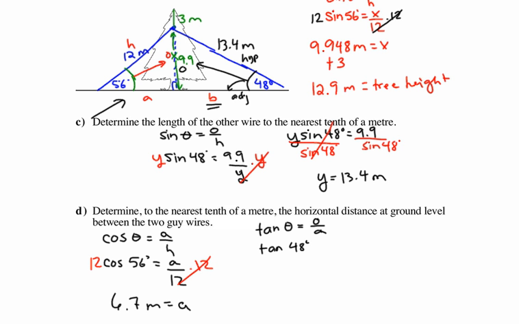Tan of 48, our opposite we calculated to be 9.9, over our adjacent, which is now the letter B. So multiply both sides by B. Got to get B on the numerator. We get B tan 48 equals 9.9, and then divide both sides by tan 48.